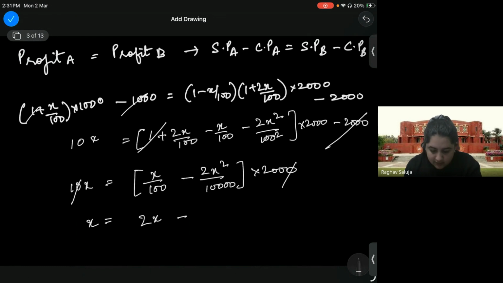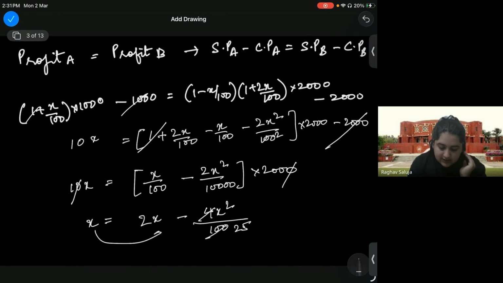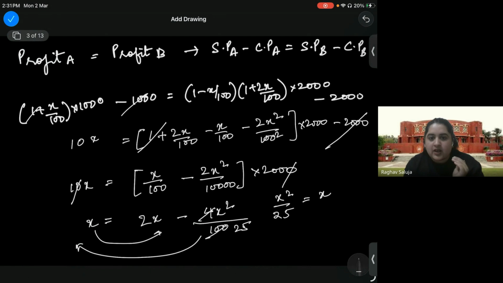So we have 4x square by 100, which is nothing but we can cut this, x square by 25. So if we bring this here and get this here, we will get x square by 25 is equal to x. X we are assuming is not 0, and that is what is not given in the question also. So we can cut x and x. So x comes out to be 25%.